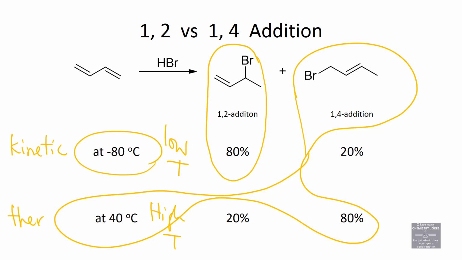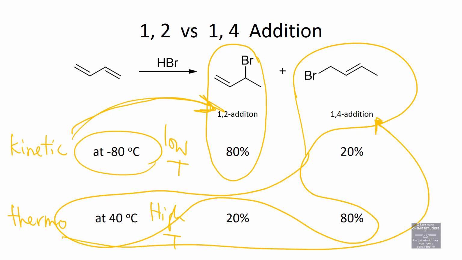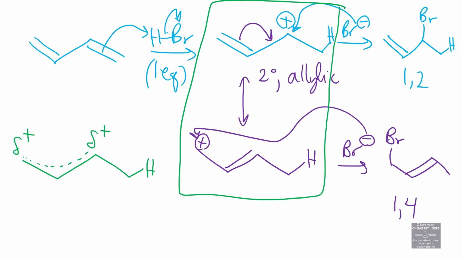That's my thermodynamic product. So apparently, the 1,2 addition product is kinetic in this case, and 1,4 is thermodynamic in this case. Is that always the case? I'm not willing to make that statement. Don't make me make that statement. In this case, 1,2 is kinetic and 1,4 is thermo. We will talk about that kind of stuff a lot later.